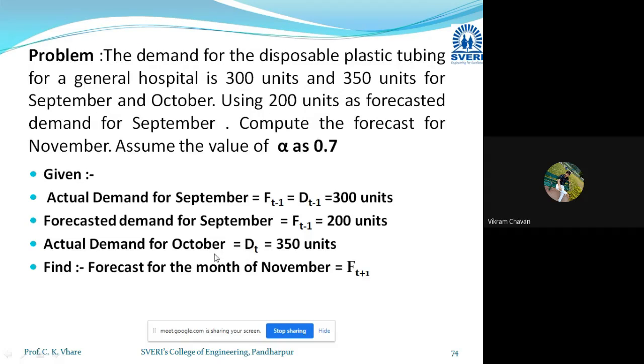So for that purpose, first of all we need to calculate the forecasted demand for the October month. We considered the forecasted demand for the September month as F of t minus 1 and the actual demand for the October month as D suffix t.